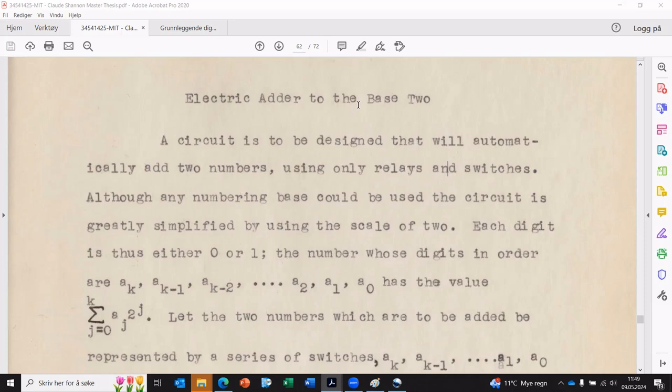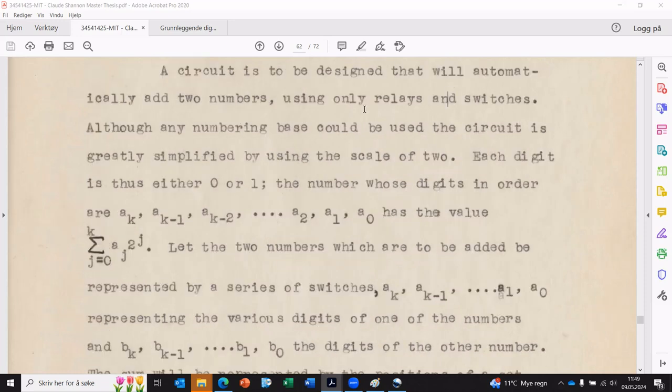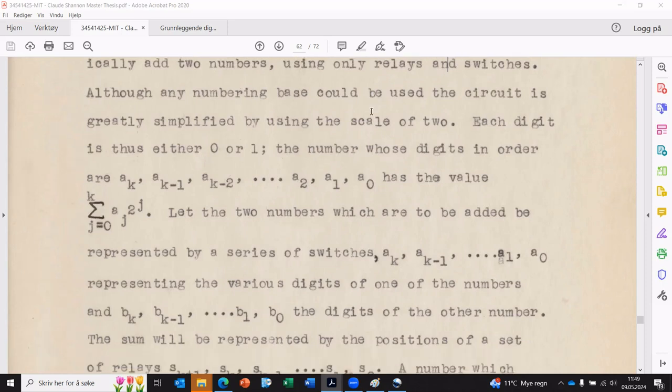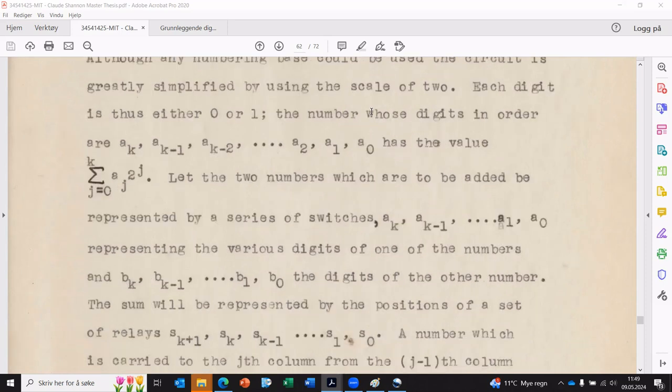Let the 2 numbers which are to be added be represented by a series of switches ak down to a0, representing the various digits of one of the numbers, and bk to b0, the digits of the other number. The sum will be represented by the positions of a set of relays sk plus 1 down to s0.